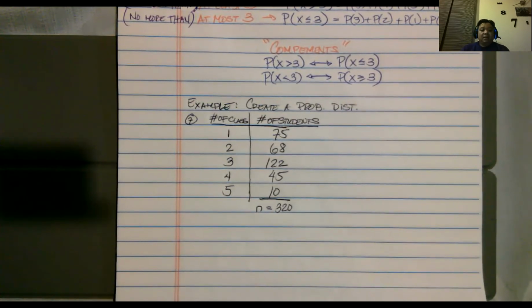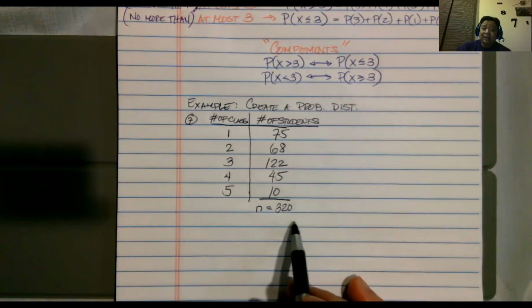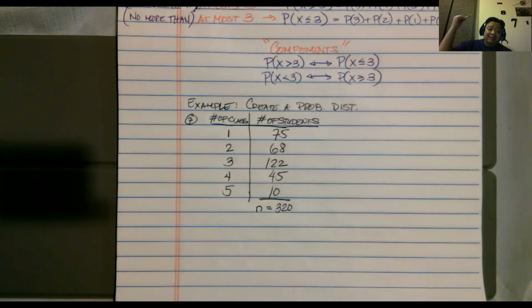Now note, this 320 means you repeated this experiment 320 times. What is that experiment? You ask a student how many classes they're taking. So you repeated that experiment 320 times. This is a really large number, which means one way to create a probability distribution would be to use the relative frequency.